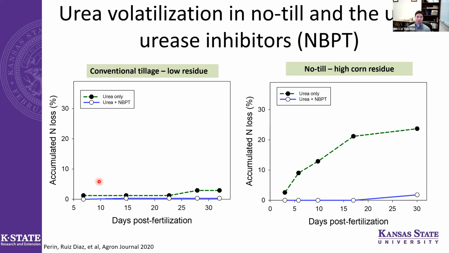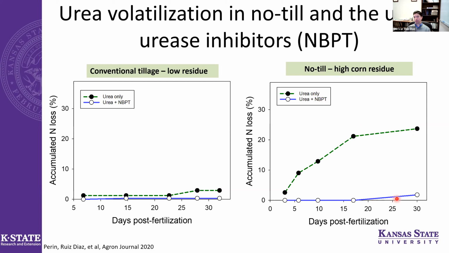In this case, we couldn't measure significant volatilization losses in the conventional tillage, low residue scenario. Now in high residue, which was corn residue, no-till, we were able to measure close to about 20% of the nitrogen applied lost by volatilization. This line here is the urea only.